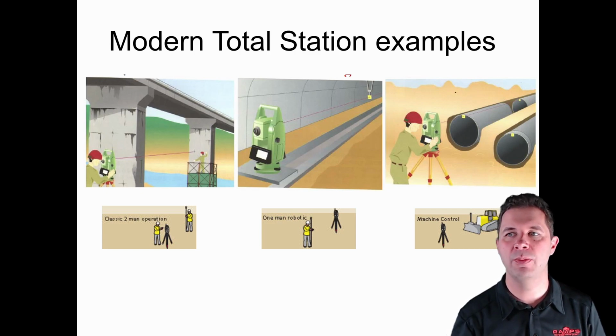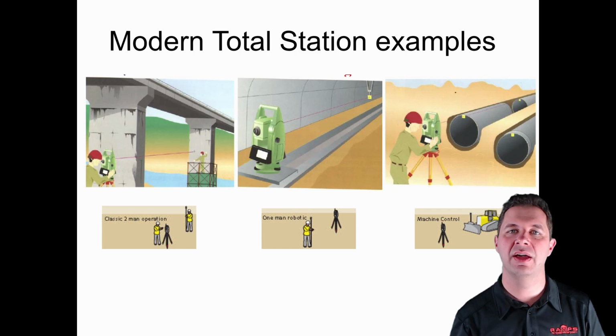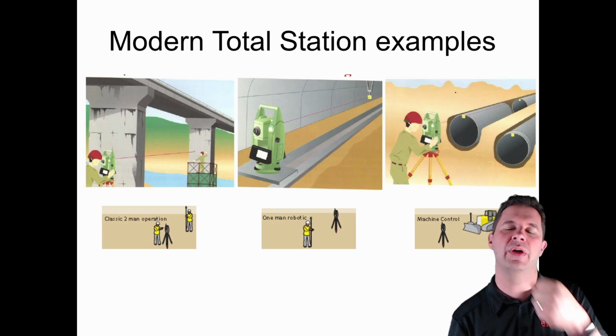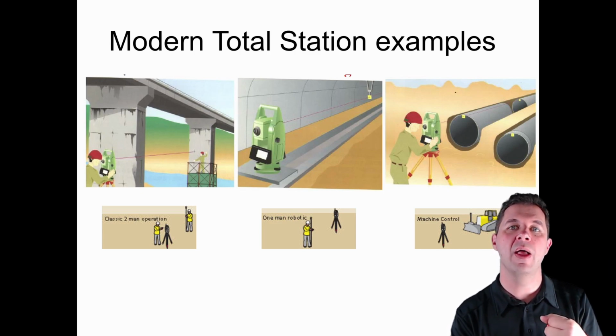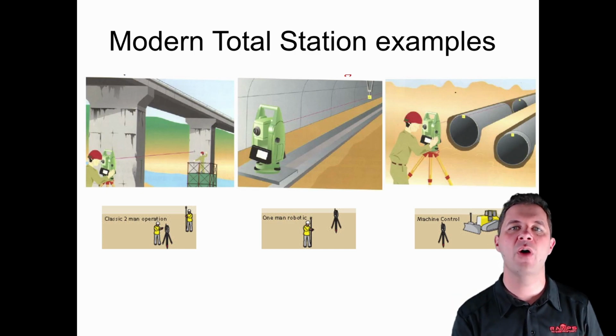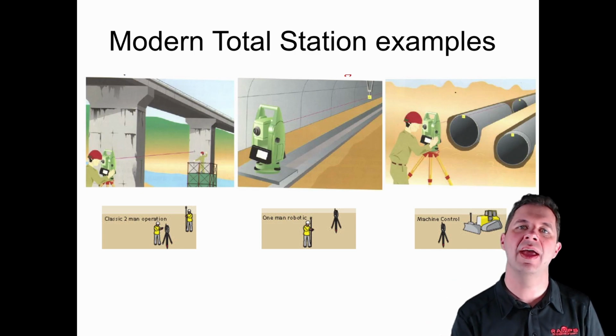You've got a one-man robotic system where the total station is stationary and isn't manned, and a person's moving around with various control points, and they can control where those control points need to be stored and log in values with the total station. And finally, a tracking station where the total station's tracking something on a machine as it moves around the environment, for example.